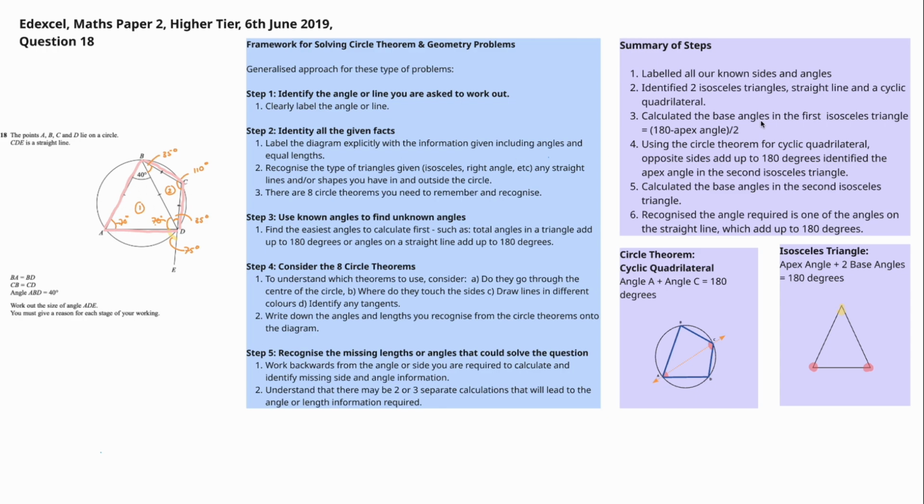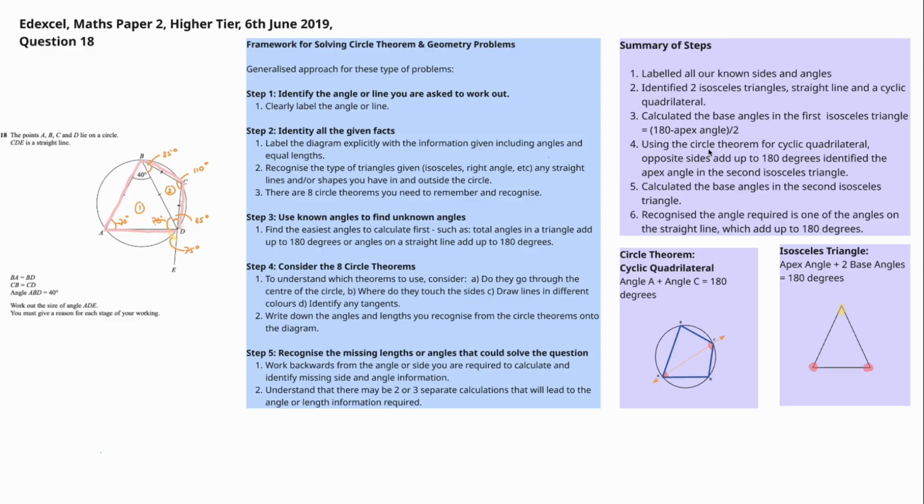We calculated the base angles of the first isosceles triangle ABD by taking 180 degrees away from the apex angle, 40, and dividing it by 2. And we know in an isosceles triangle, the apex angle plus the two base angles equal 180 degrees.